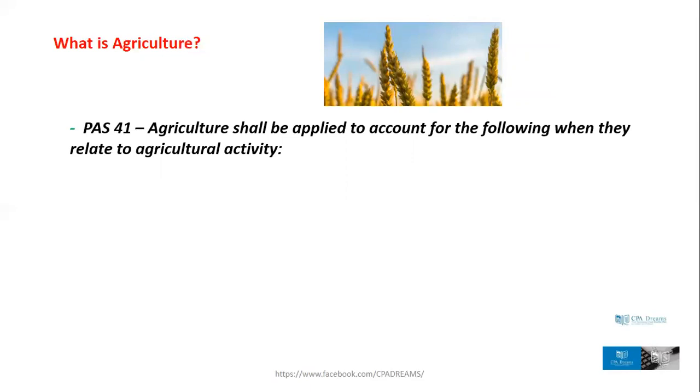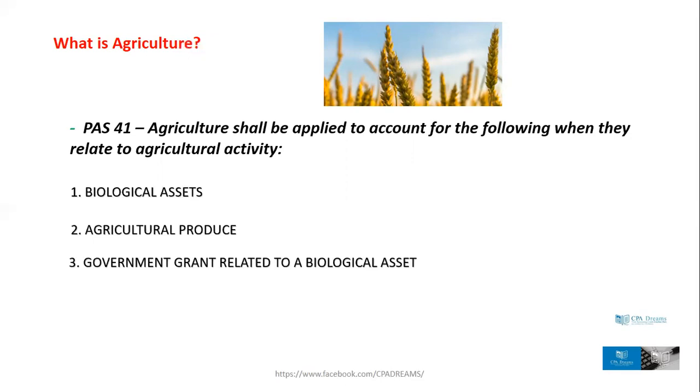Agriculture shall be applied to account for the following when they relate to agricultural activity. So they are biological assets, agricultural produce, and government grant related to a biological asset. The number 3 here, the government grant, I'm going to discuss on the next topic. So for now, we are going to focus on biological assets and agricultural produce so that you will be able to understand.